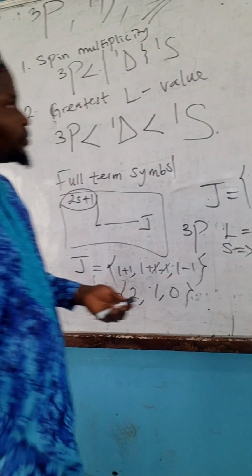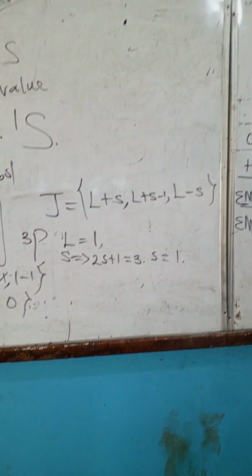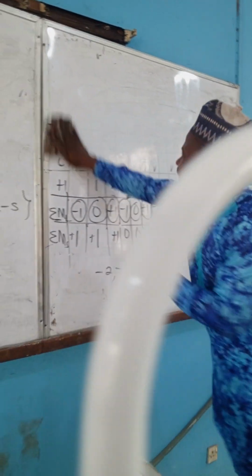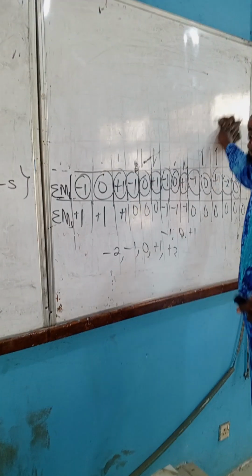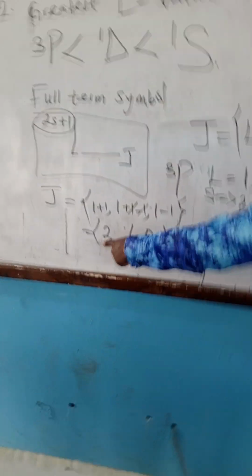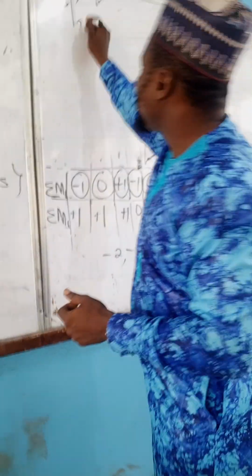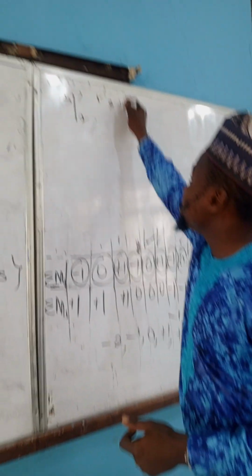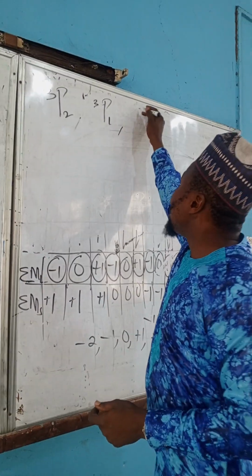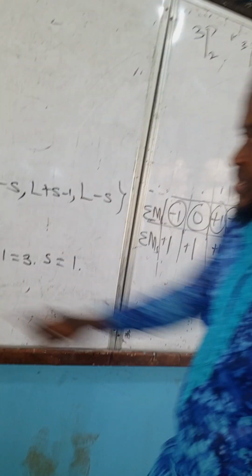So, if you have 3 P's, how do we then create them? How do we order them? How do we put them in their places? The J value is this. It means that one of the 3P is 3P2. The other one is 3P1. And the last one is 3P0. Because there are 3 of them. 2, 1, and 0, for the J value.